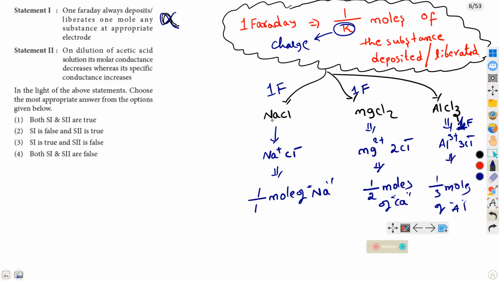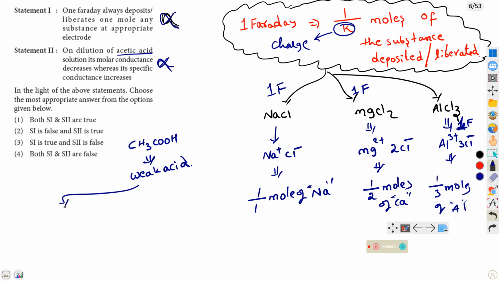About the second statement, what is given? On dilution of acetic acid, acetic acid formula CH3COOH, acetic acid is a weak acid. Its molar conductance decreases, whereas the specific conductance increases. This is also wrong. Why?